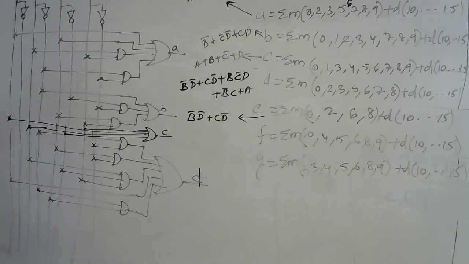From that, write down the truth table. From the truth table, you can write down the SOP expression for each and every individual output. From that sigma M SOP expression, draw the K-map, simplify the K-map, then draw the logic diagram. This is how to design a 7 segment display by using a decoder circuit. Thank you.